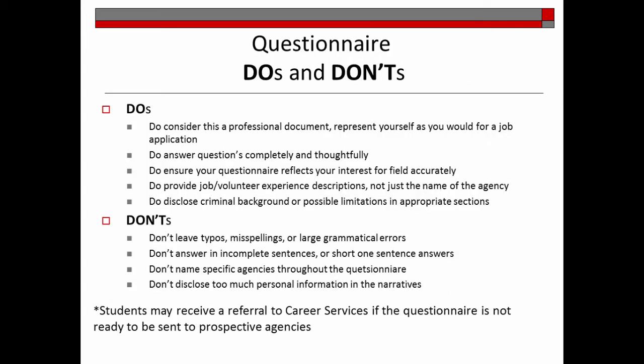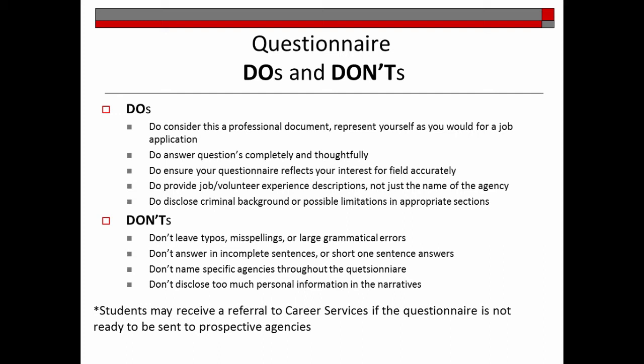When you're completing the questionnaire, there are some very specific things we want you to do or don't want you to do. First off, please consider this to be a professional document and represent yourself in the way that you would for any job application. Be thoughtful and complete when answering the questions. Ensure that your questionnaire reflects your interests accurately. Provide a detailed description of your job or volunteer experiences, not just the name of the agency or the title of your position, and try to link that back to tangible social work skills.